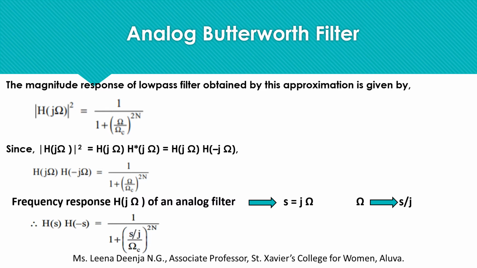We know that the frequency response H(jω) of an analog filter is obtained by putting s = jω, and ω = s/j. Therefore, H(s) H(-s) = 1 / (1 + ((s/j)/ωc)^(2N)).